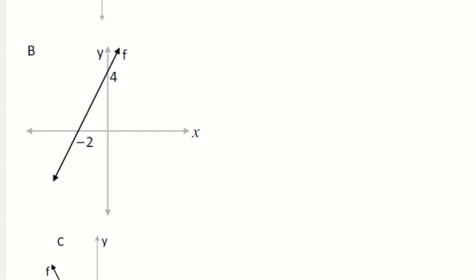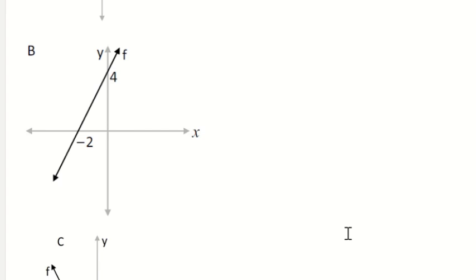But let's go to this coordinate down here first. Just FYI, this is called the x-intercept. Alright? It's where the line cuts the x-axis. The 4 one is called the y-intercept. It's where the line cuts the y-axis.